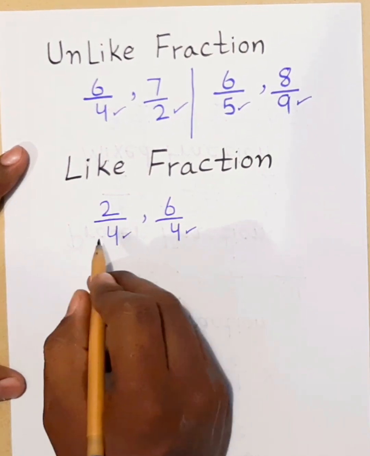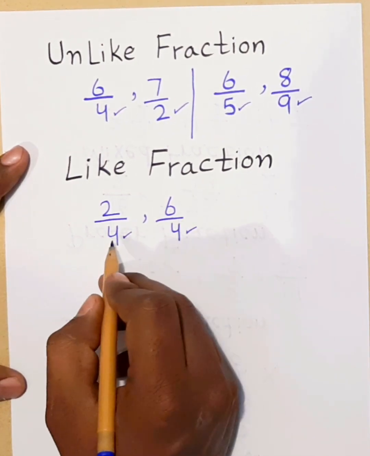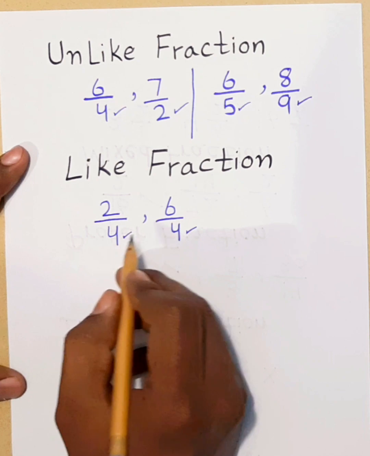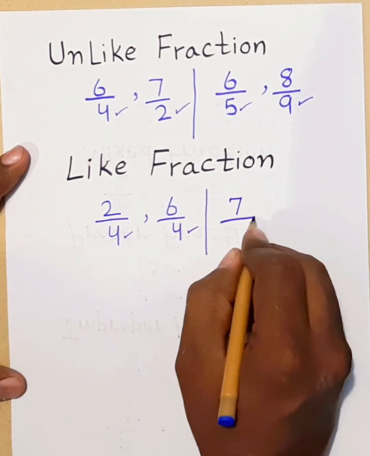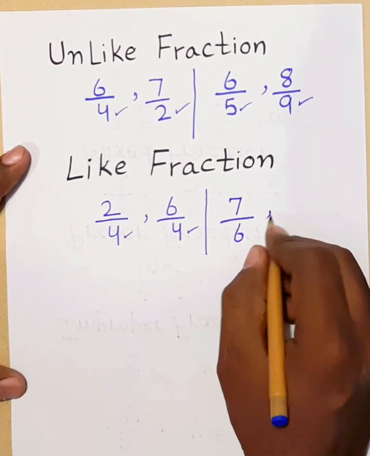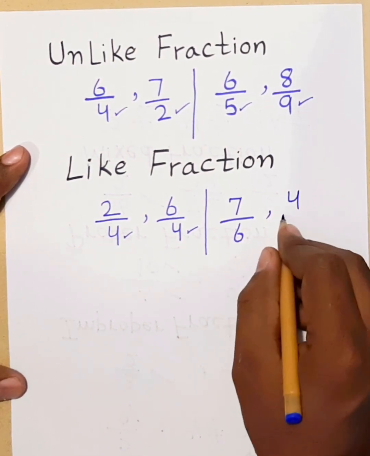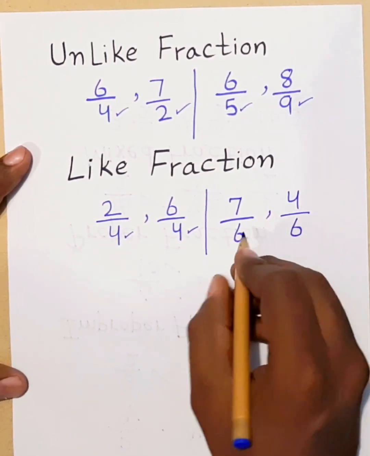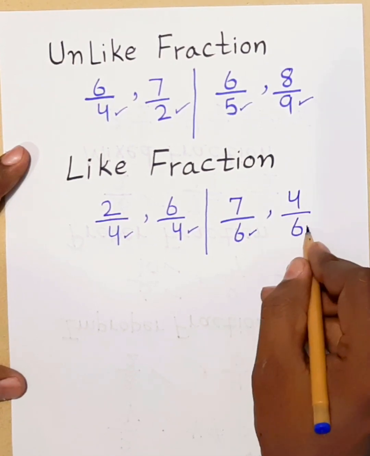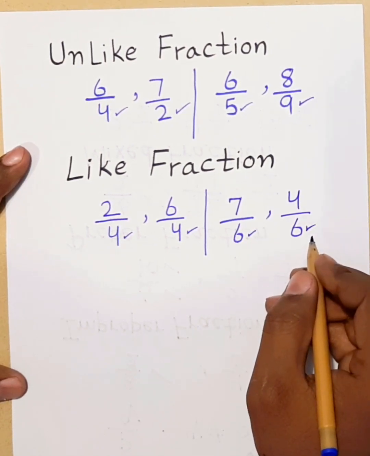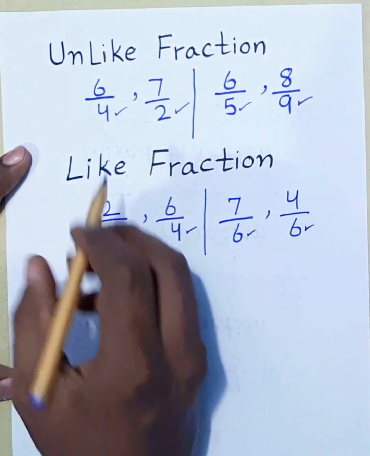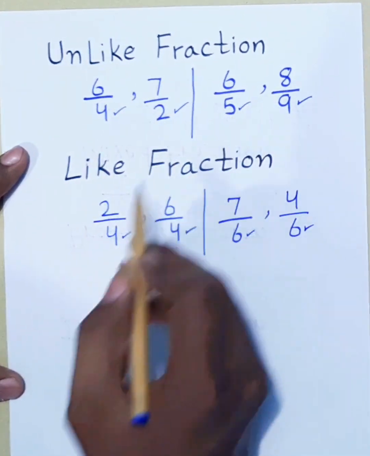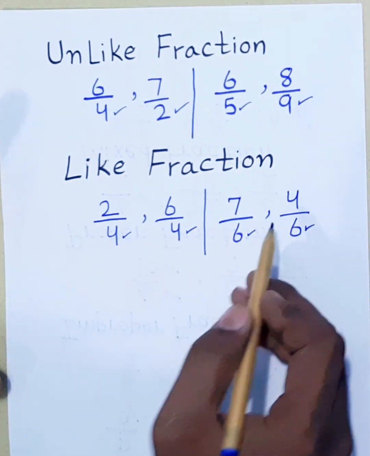If the denominators are the same in the fractions, they are called like fractions. Another example, 7 upon 6 and 4 upon 6. Again you see their denominators are the same. So you can say that these are like fractions, these are unlike fractions, because their denominators are different, their denominators are same.